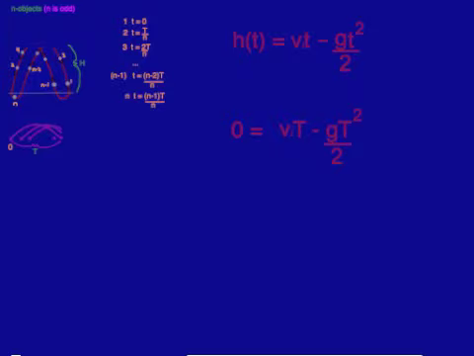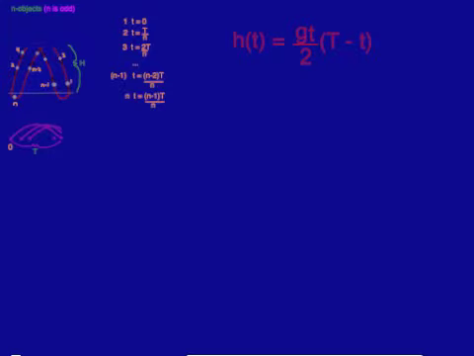Now, since velocity is a variable, let us solve it in terms of capital T. If we say that the height of the hands where the ball is thrown is a height of 0, then we know that after big T units of time later, that object will be at 0 height again. Now, we solve this simple equation and find out that velocity is equal to gravity times big T all over 2. Let's take this result and substitute it back into the original equation for the height of the object.